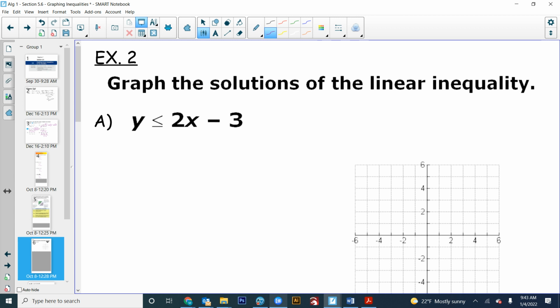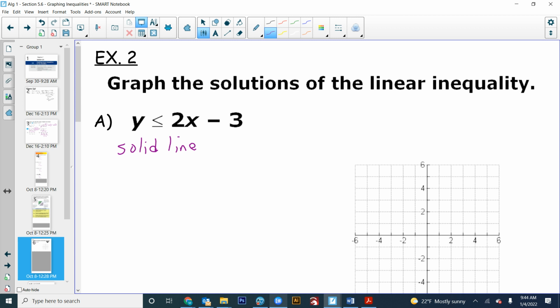Now, before I do anything, let's determine what kind of line it's going to be. Is this going to be a solid line or a dashed line? Raise your hand if you know. Solid. Why? Because it's less than or equal to. Okay, solid line. You need to write this: solid line, especially just starting these out.